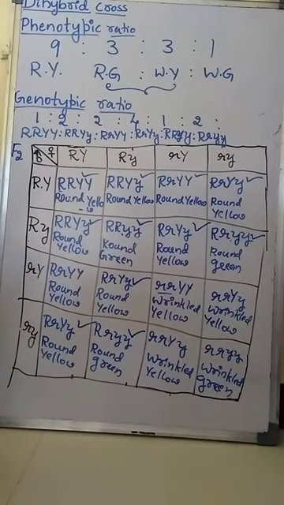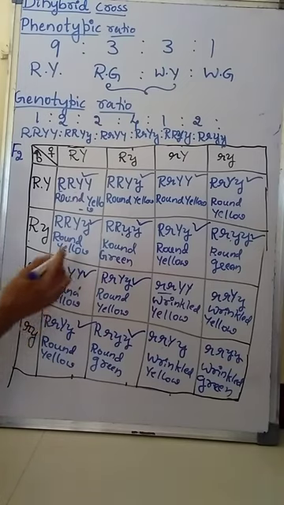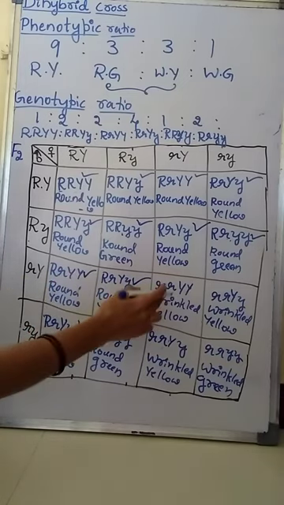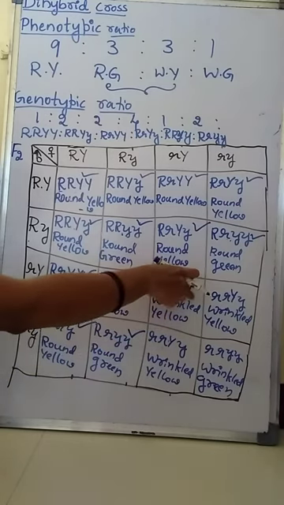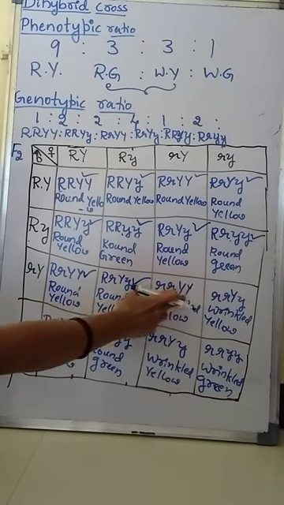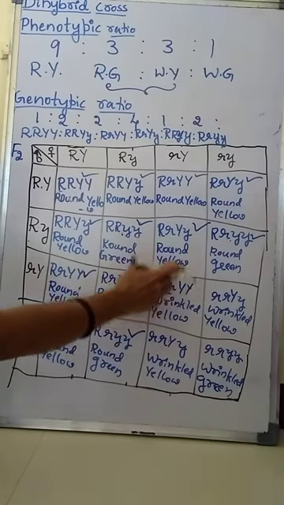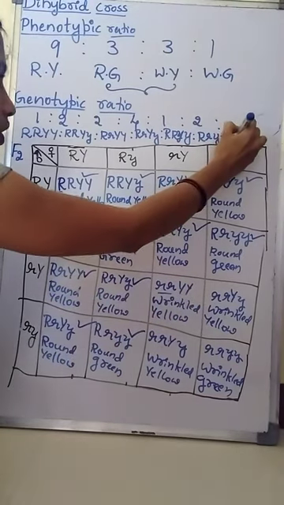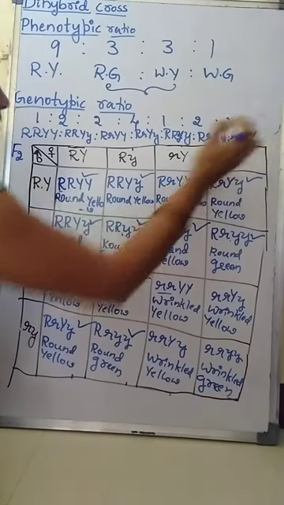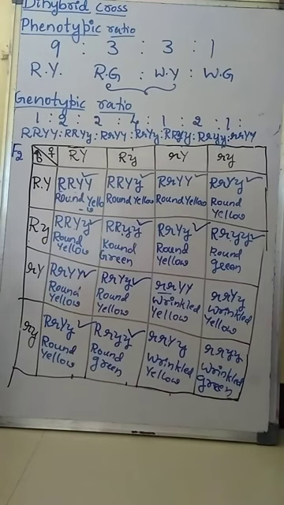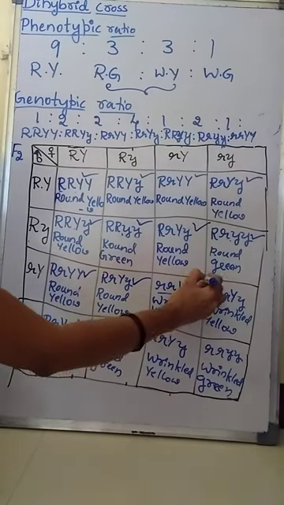Next one is capital R, small r, capital Y, capital Y. This is also over. Next, small r, small r, capital Y, capital Y. Only one is there. After this is also over.